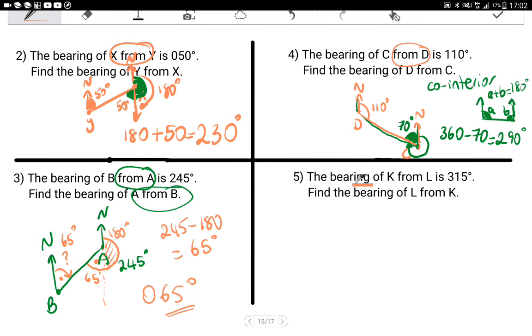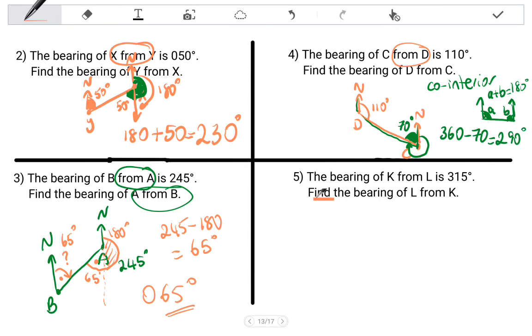In question 5, the bearing of K from L is 315, which is the given information. Find the bearing of L from K, which is the wanted information. So let's draw the information.